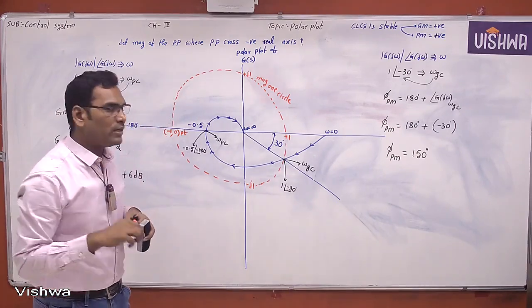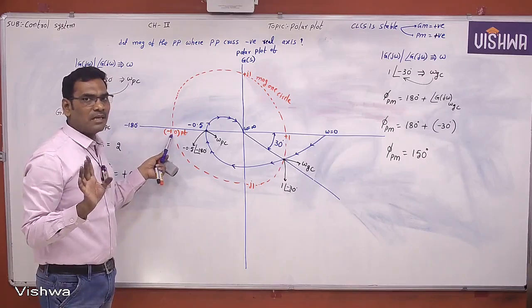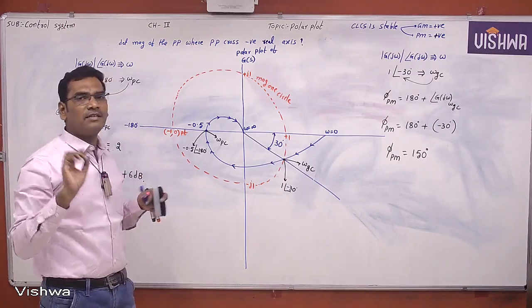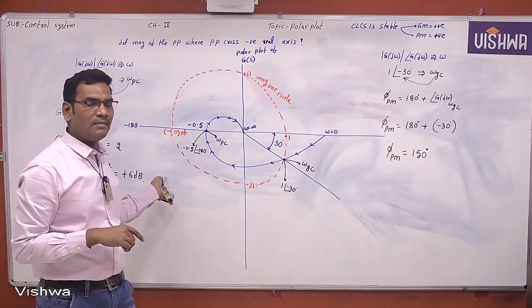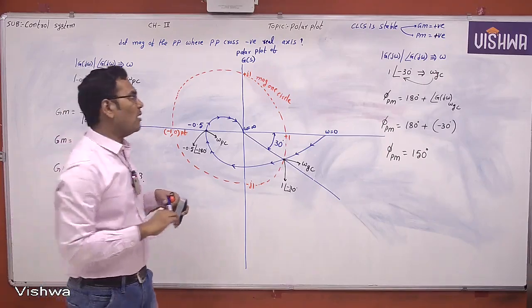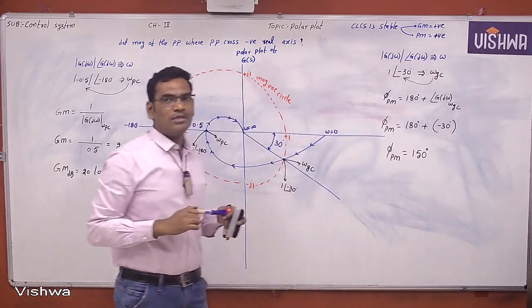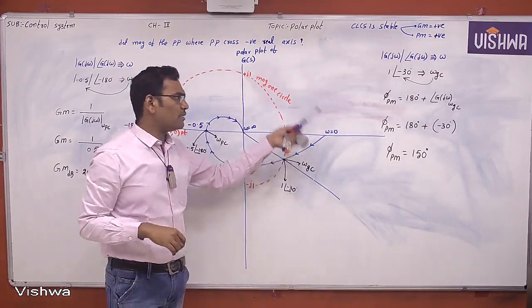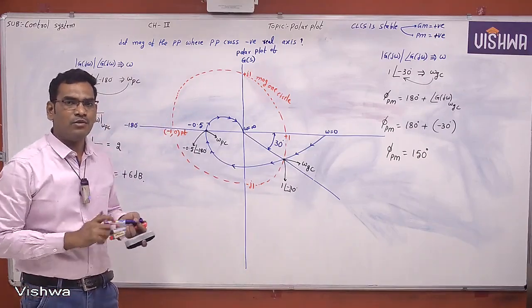One student will think like this: not enclosed, therefore the system is stable, and you already know that the gain margin and phase margin are positive. See the options in this GATE question. All the options are negative except one option, which is positive. But you know that gain margin is positive, phase margin is positive. Directly go to the positive option. These calculations are not required. Sometimes the technique is useful like this.